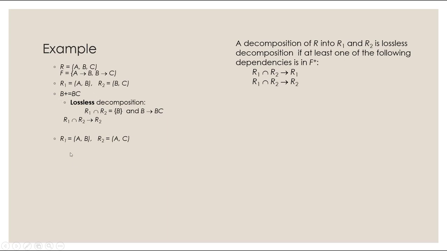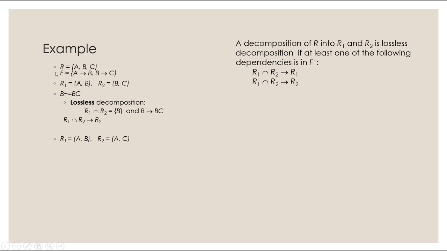Here is another example where R1 is AB, but R2 in this case is AC. What do they have in common? We have AB here and AC, so we see that we have A in common. We do the same thing with the closure of A, which we write as A plus. With A, obviously, we can get A. That's trivial, right?